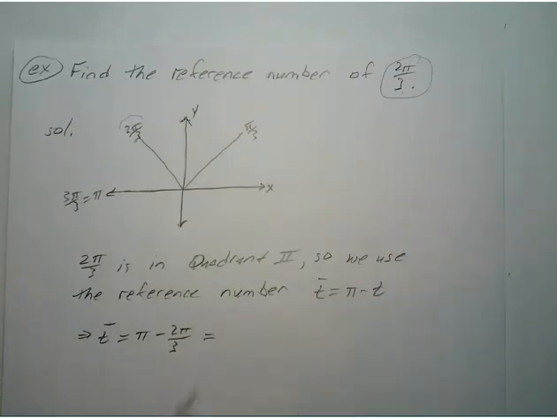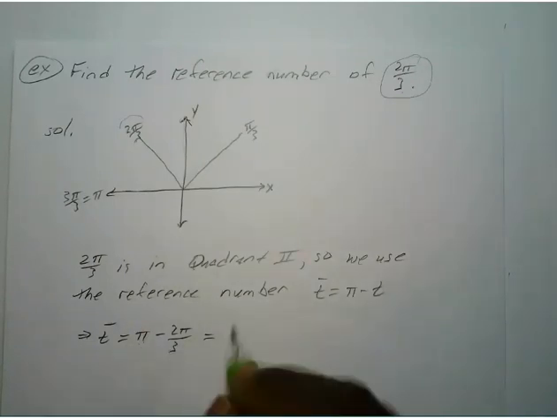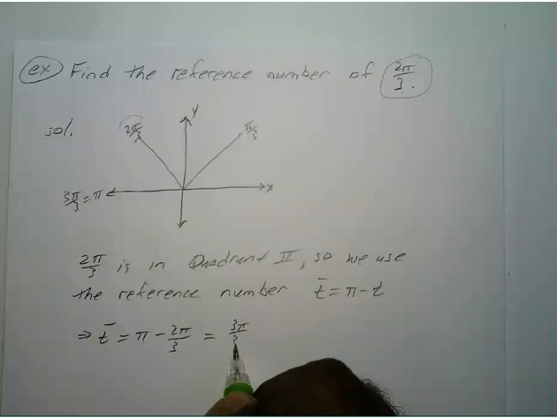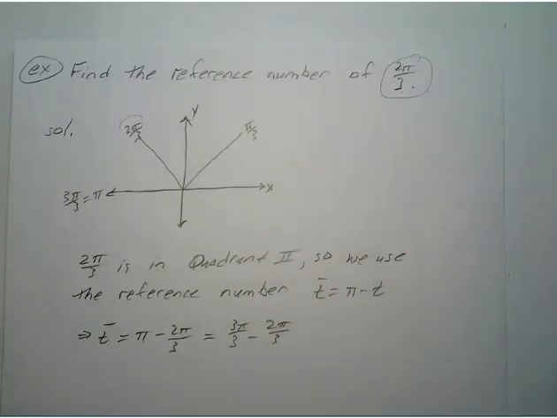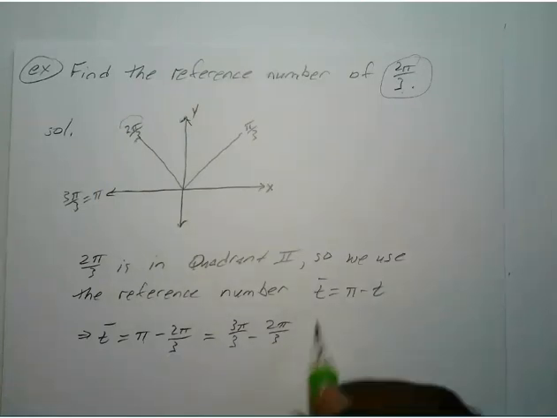Okay, so we go ahead and do our subtraction. That pi, we can make 3 pi over 3 just to match our denominators. So 3 pi over 3 minus 2 pi over 3 will give you pi over 3.